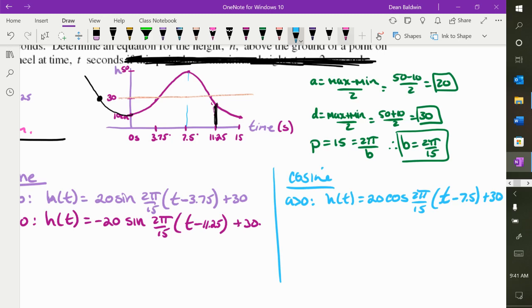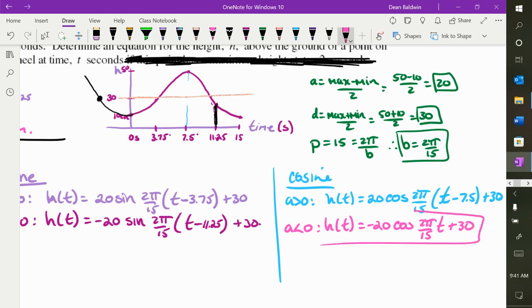And if you're doing the minimum, so a is less than 0, what's your shift? 0, exactly. So if a is negative, you're looking for the minimum. There's a minimum right at the origin.